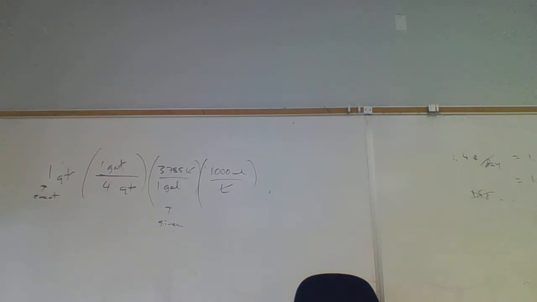Anyway, they did it to 4 sig figs, so we're allowed how many sig figs at the end? Well, this is confusing because how many sig figs do they have here? 2. So really, if they only have 2 sig figs here, we're only allowed 2 sig figs here, which means it should be not 946, it should be 950.